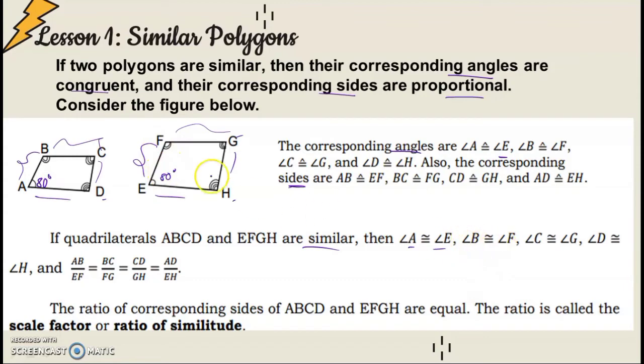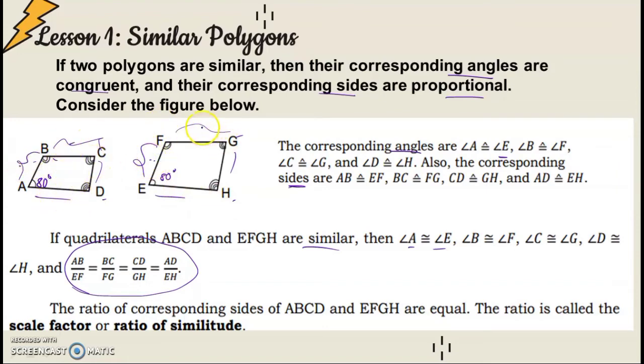Si angle B, kung ano yung measurement ni angle B, ganun din si angle F, and so on and so forth. And then, yung mga sides niya would be proportional. So, kapag kinuha natin yung proportion ni AB saka EF pala ito, ito yung magka-corresponding, di ba?